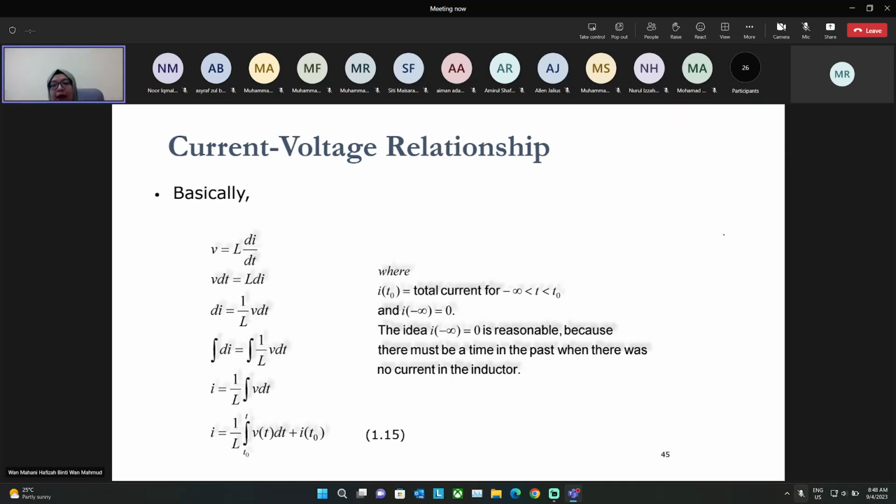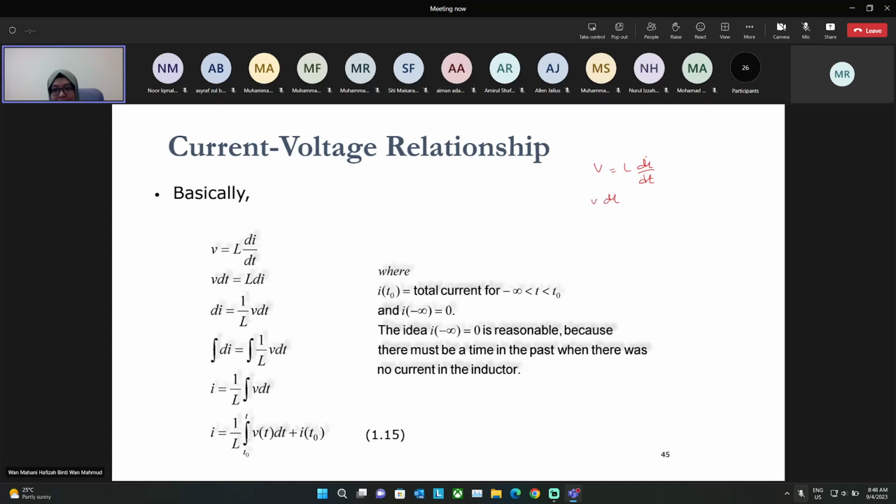So V equals L dI/dt is the voltage to current relationship, voltage in terms of current. Now if we want to find current in terms of voltage, we do the same method as for the capacitor: rearrange the equation.